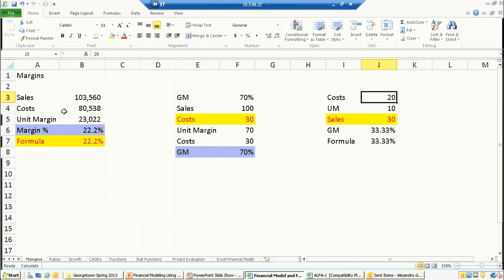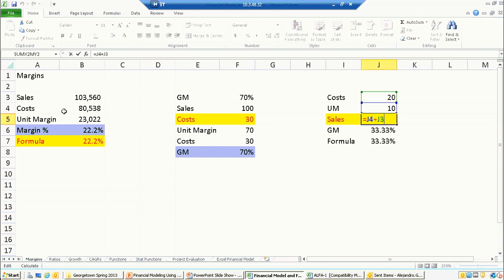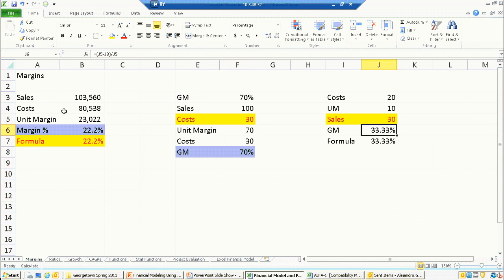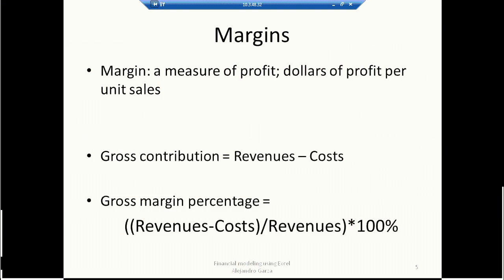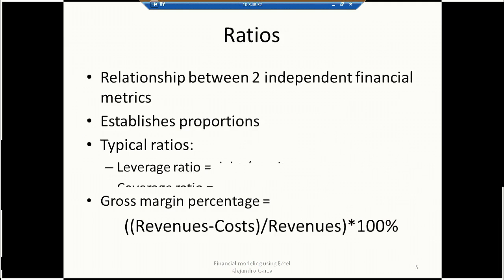And finally, you can also start with costs and contribution margins to calculate sales. So it will be simply the addition of one to the other, and with the same margin formula you can calculate the gross margin. So very simple. That's in terms of margins.